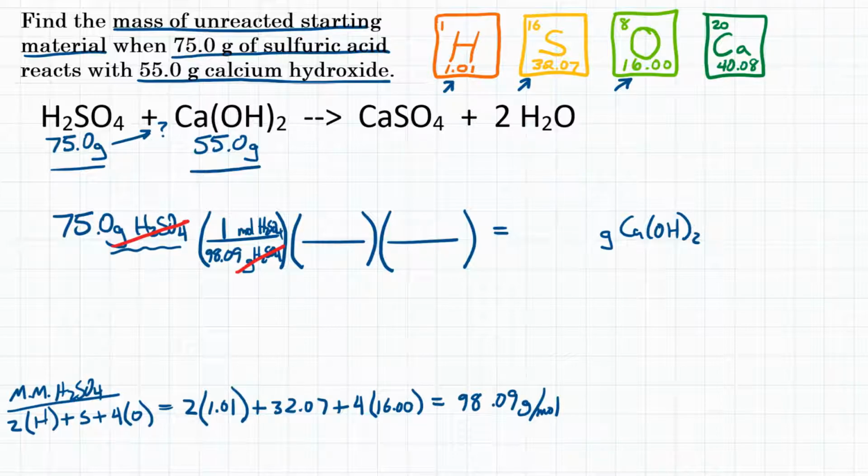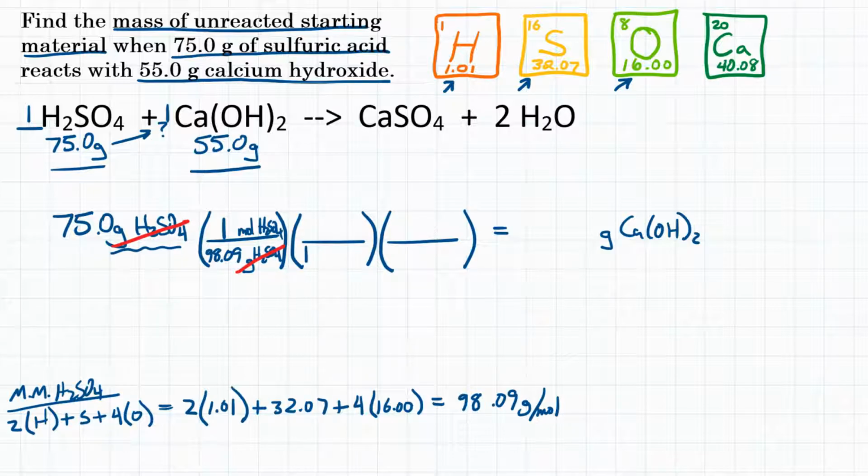In our chemical equation, we have 1 H2SO4 because nothing's written there; we imply that it's a 1. And we also have 1 calcium hydroxide because there's also nothing written there. So it's a 1-to-1 ratio. For every 1 mole of H2SO4, it's going to react with 1 mole of calcium hydroxide.